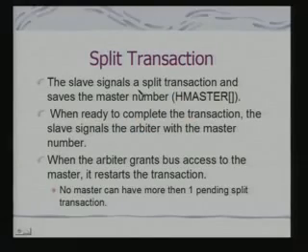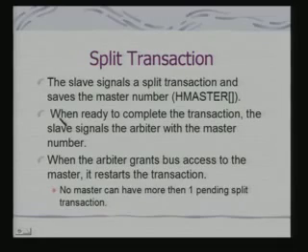Once the slave has received a request for a transaction and finds that it is not able to complete it, it will indicate to the master that the transaction can be split. So, the slave signals a split transaction and saves the master number, because each master has a unique ID. I told you that earlier.